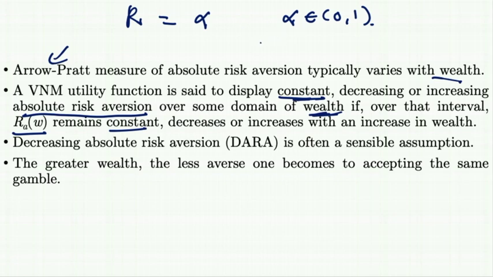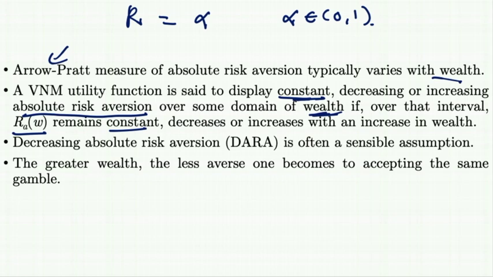Because it is a constant, then we know that R here is constant. Then that person has a constant effect of wealth on his R here.